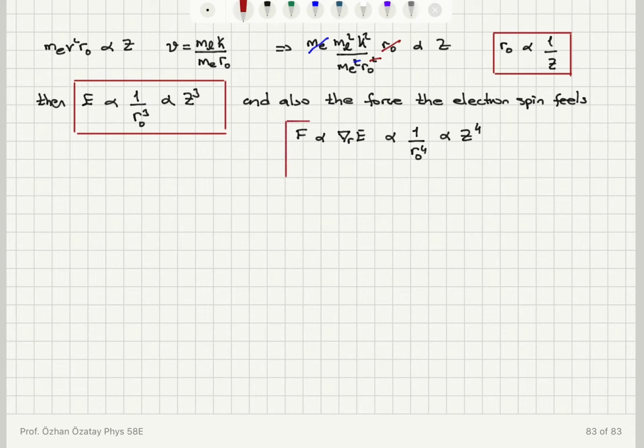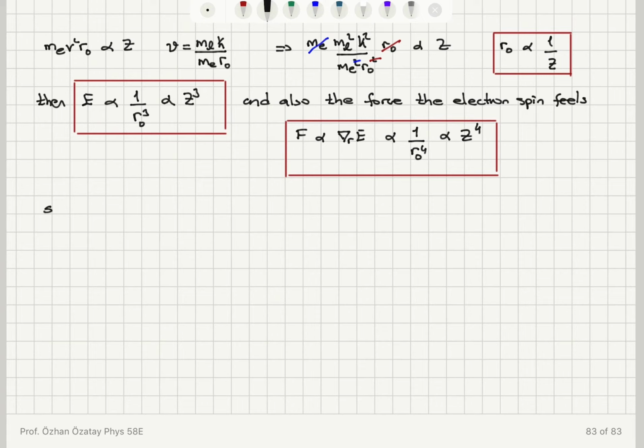So the energy of the spin-orbit coupling is proportional to Z cubed, and the force the spin feels is proportional to Z to the fourth power. So that's an important result.